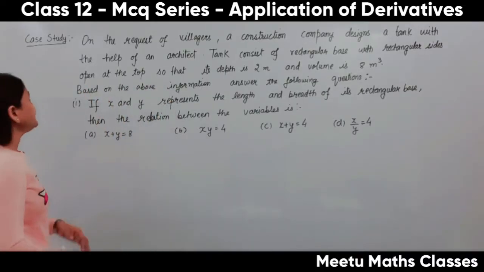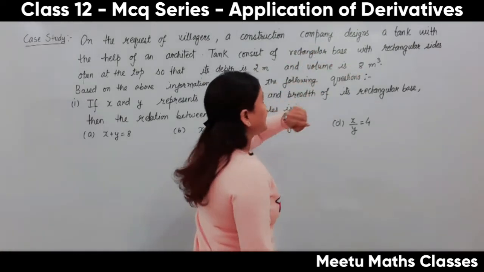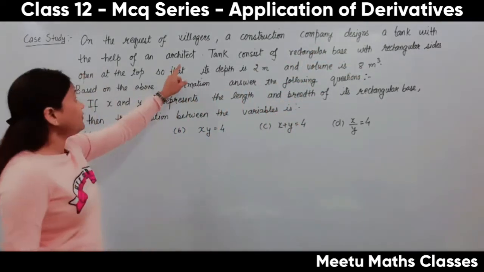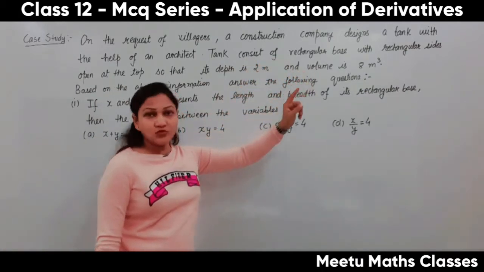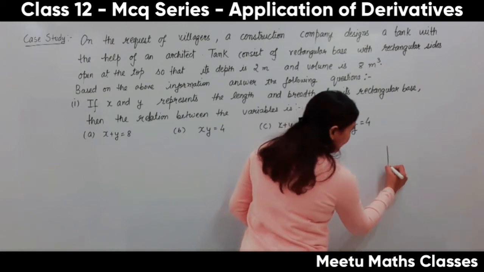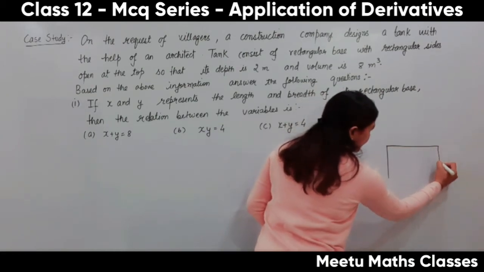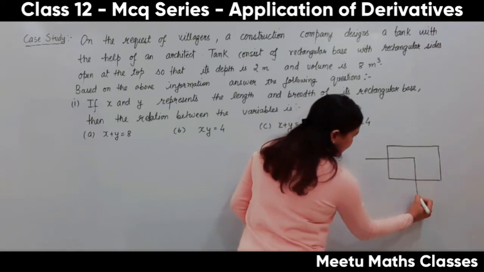Your case study is, on the request of villagers, a construction company designs a tank with the help of an architect. The tank consists of a rectangular base and rectangular sides.